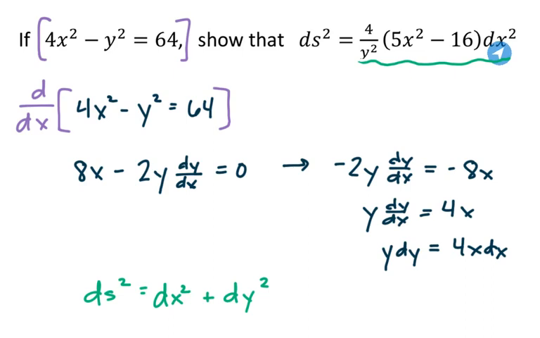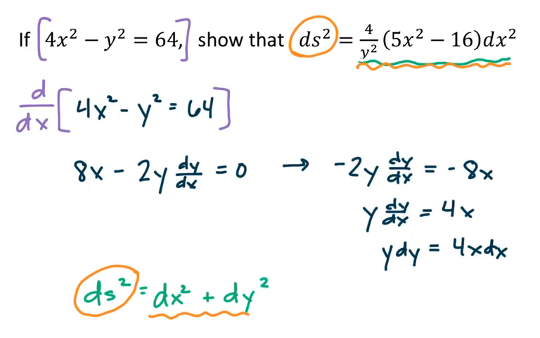So it looks like I might need to figure out a way to manipulate this so that I have a dy squared. So we're essentially proving, I want to make this look like this, which means I'm going to turn my dx squared plus dy squared into that expression.